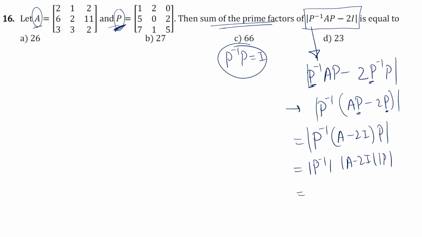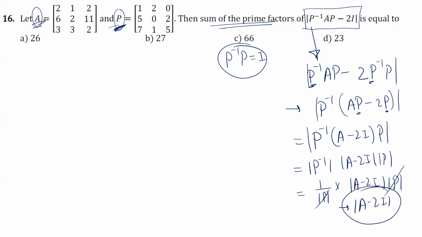You know that determinant of P inverse is 1 by determinant of P, so this is gone. The determinant of A minus 2I you need to get.